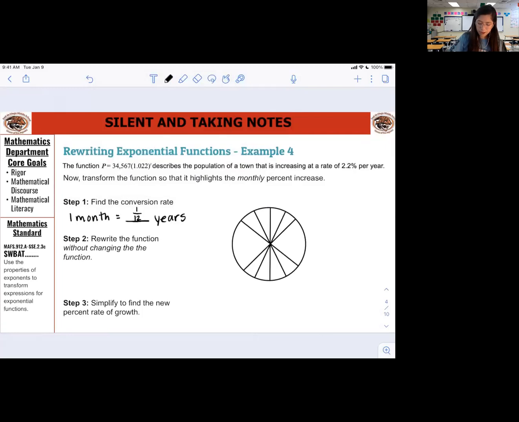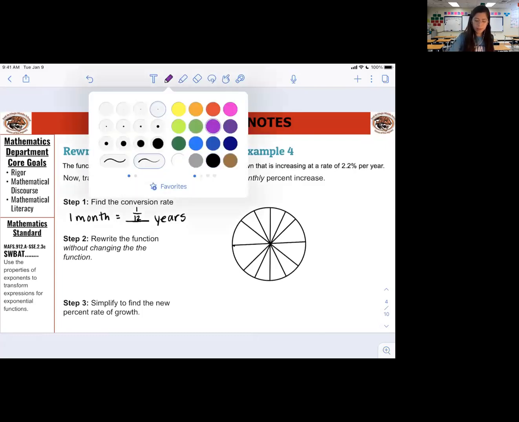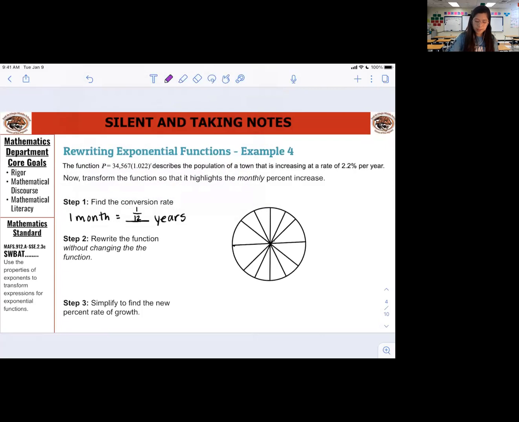So when I ask you, wait, how many is that? 1, 2, 3, 4, 5, 6, 7, 8. Okay, something like that. When I ask you how much of a year is 1 month, think of a pizza that's got 12 slices. And if I take 1 month, 1 month is 1 slice. So if I take 1 slice out, how much of it did I take out? 1 out of how many? 12.